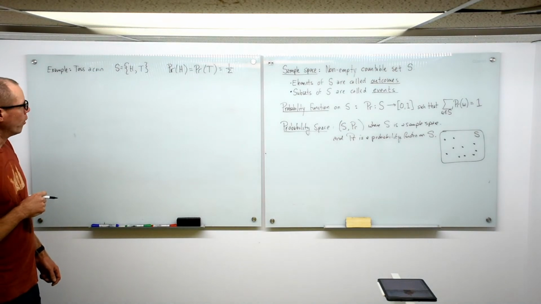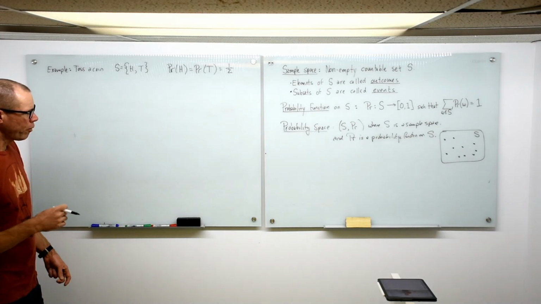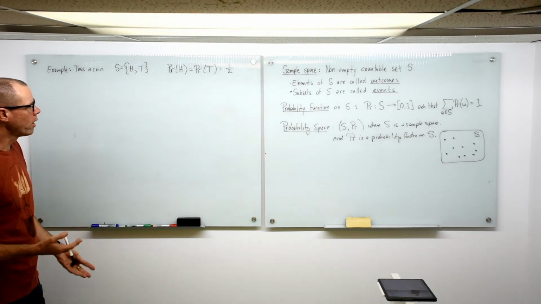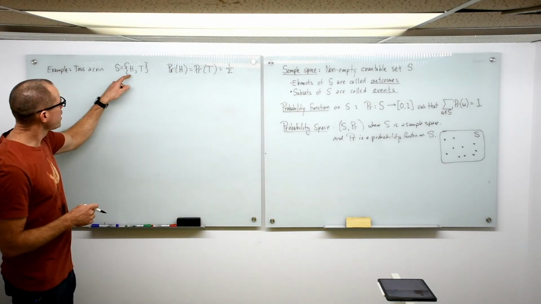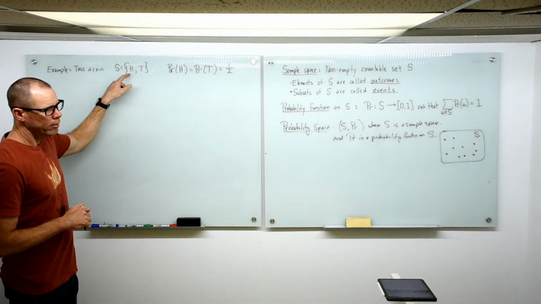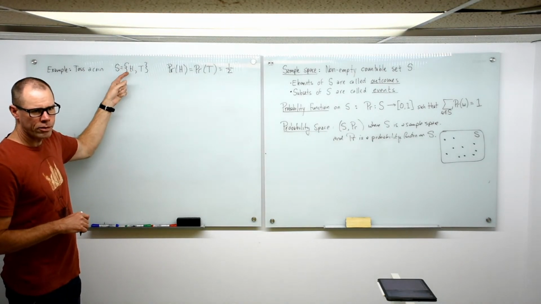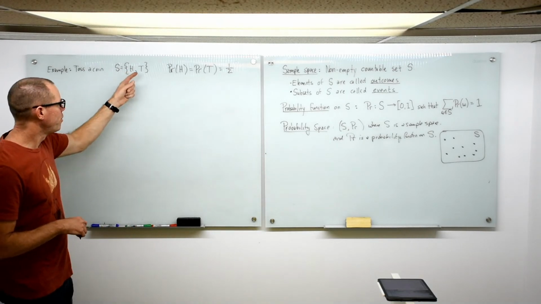All right, so in terms of modeling, if we're trying to model this coin tossing experiment using a probability space, the set of outcomes is pretty much indisputable. If we're tossing a coin, there's two outcomes. That's a pretty standard thing.